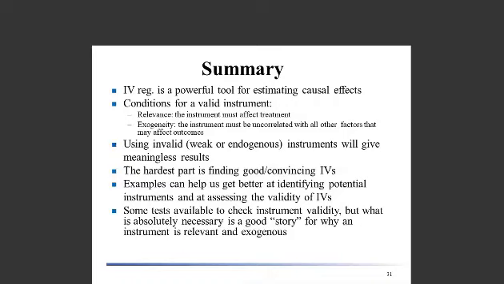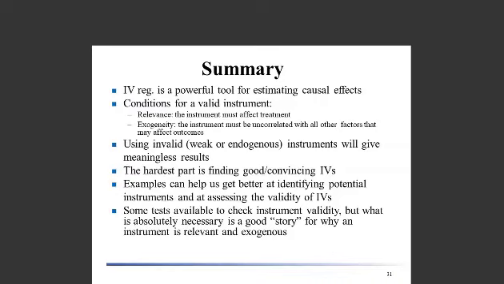Conditions for a valid instrument are relevance and exogeneity, where relevance implies that the instrument must affect treatment. The exogeneity assumption is that the instrument must be uncorrelated with all other unobserved factors that may affect outcomes. And using invalid, weak or endogenous instruments will give meaningless results.